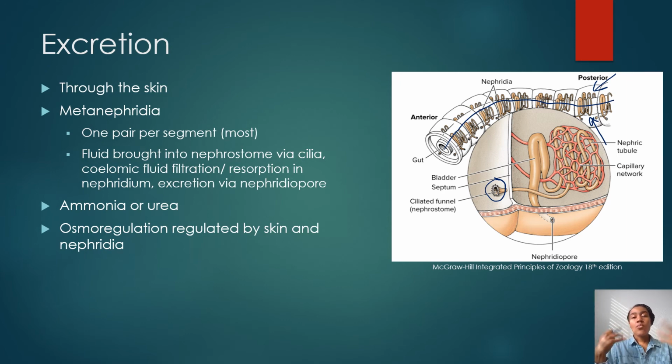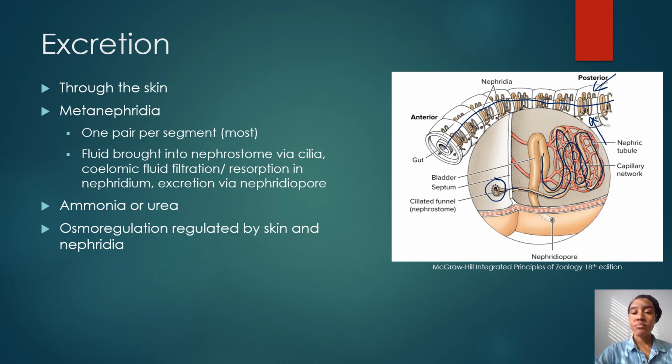The nephrostome has cilia that bring in the coelomic fluid, and the coelomic fluid will travel through the metanephridia through this kind of maze of loops, kind of like you see in the kidneys of humans. As the fluid's traveling through, any of the fluid that's needed for the organism will be reabsorbed, and the waste will be concentrated.